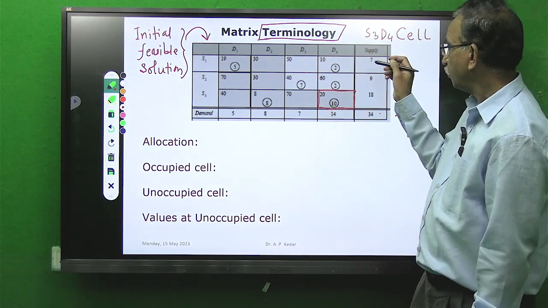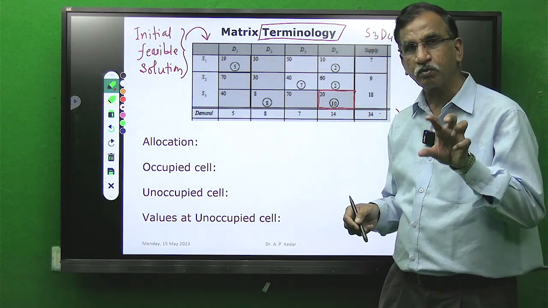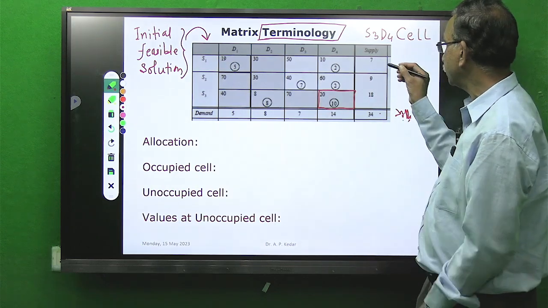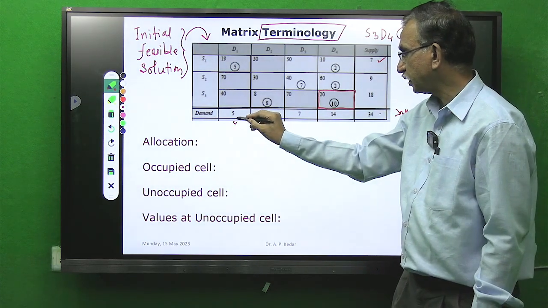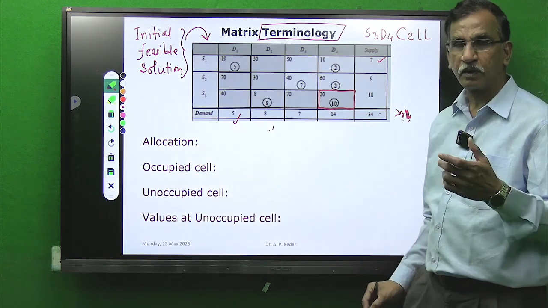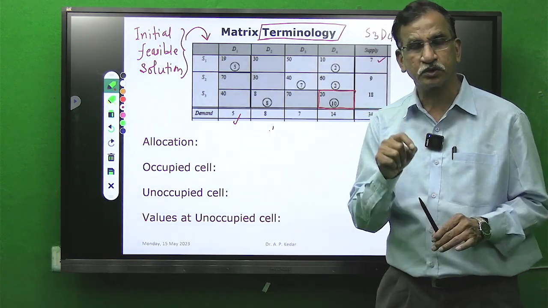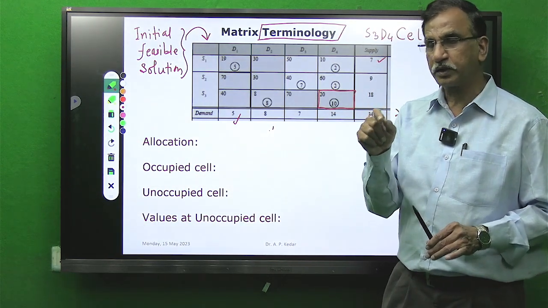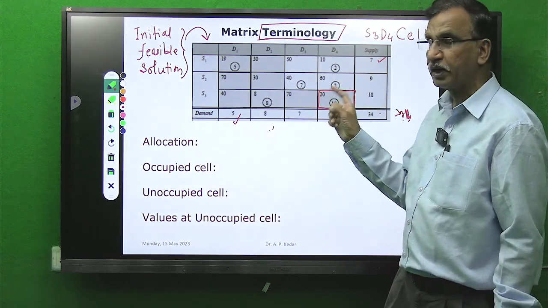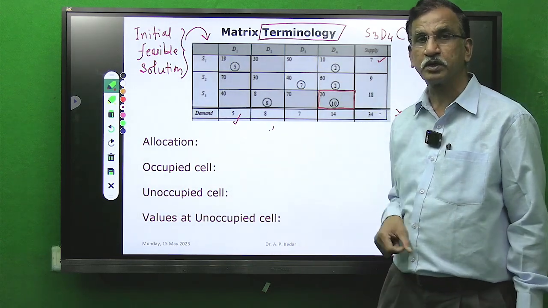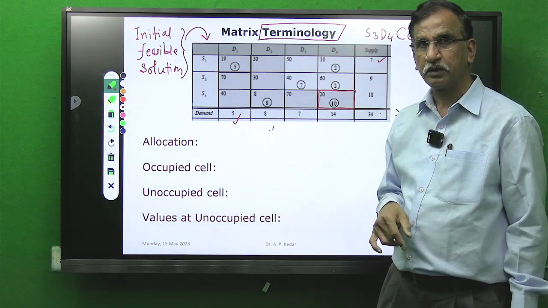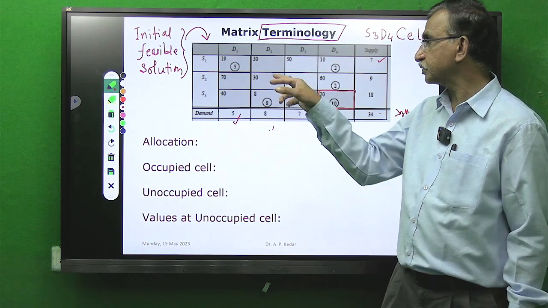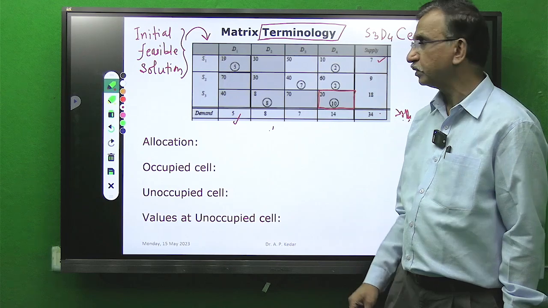Whenever we are allocating some quantity, now we know that this is the supply quantity, these are the demand quantities, and in the method of finding the initial solution, we have allocated the minimum of the supply and demand to a particular cell, satisfying the condition. So the value which is assigned to that particular cell is the allocation.